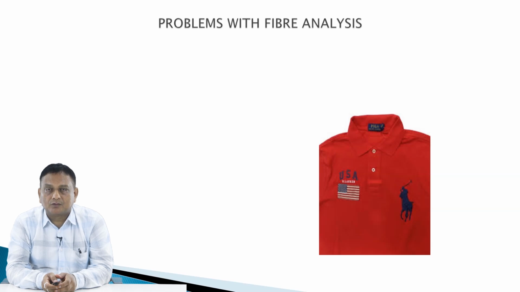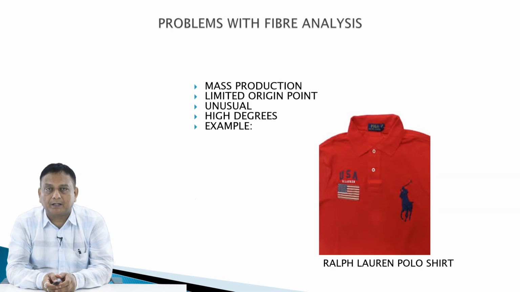Normally disputes come about the fiber content in it. For that reason, the fiber content is very important to analyze. And here in the example, a Ralph Lauren polo shirt has been shown.